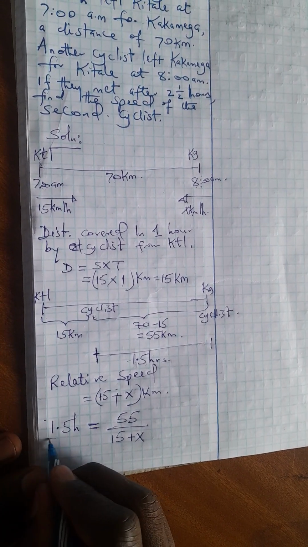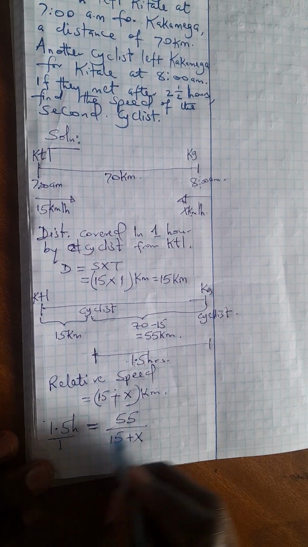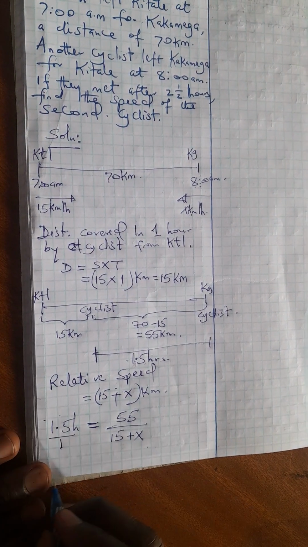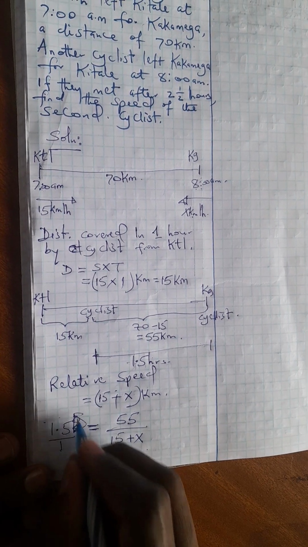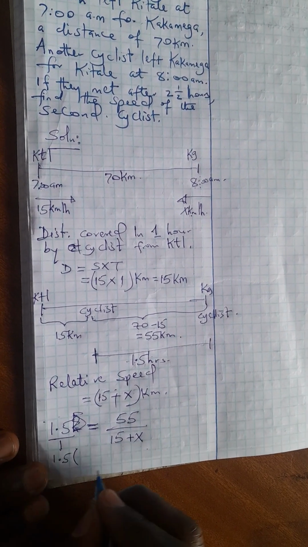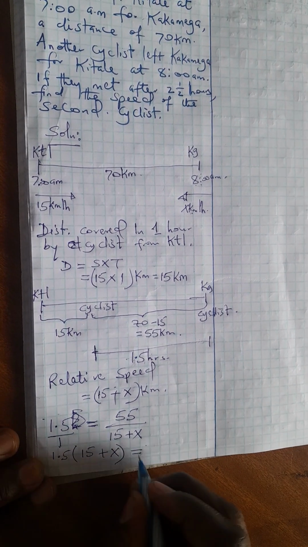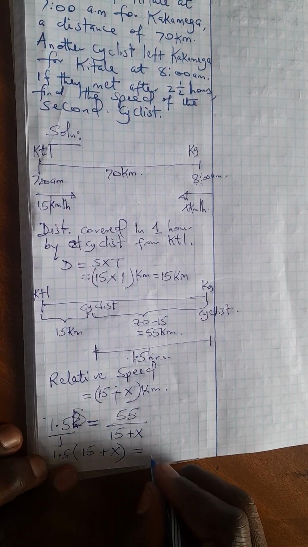So this is the same as 1.5 over 1. When we cross multiply, we get 1.5 multiplied by (15 plus x). And this one is 1 times 55, which is 55.